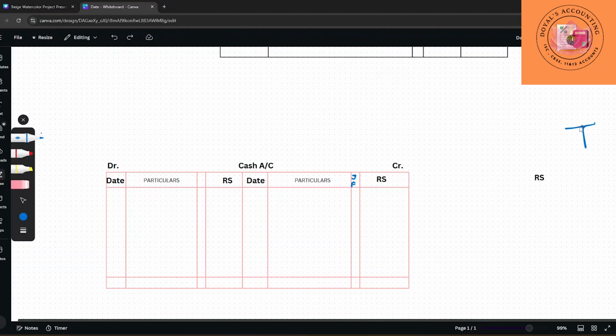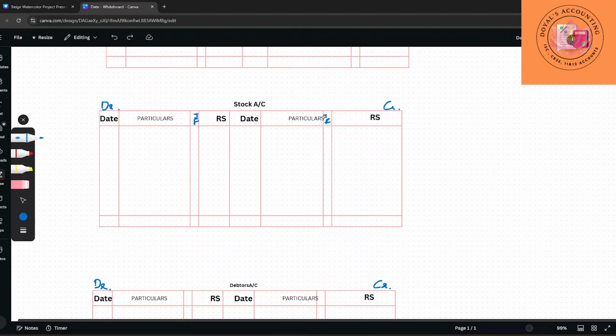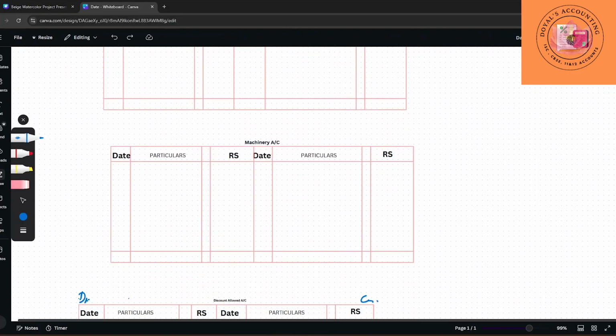Let's see the format. This is the format of a ledger. So you have to draw columns in this manner. Draw first a T-shape account, okay? Then on your left side you write debit and right side will be credit. You'll have your date column, then particulars, journal folio, rupees column, which is the amount. Then on your right side, on your credit side, date, particulars, journal folio, rupees. Similarly, I have already opened accounts for all the account heads.